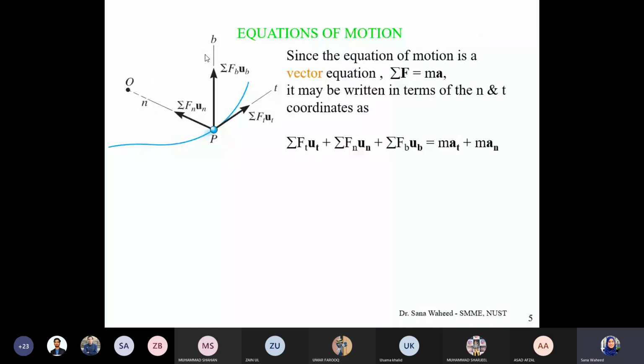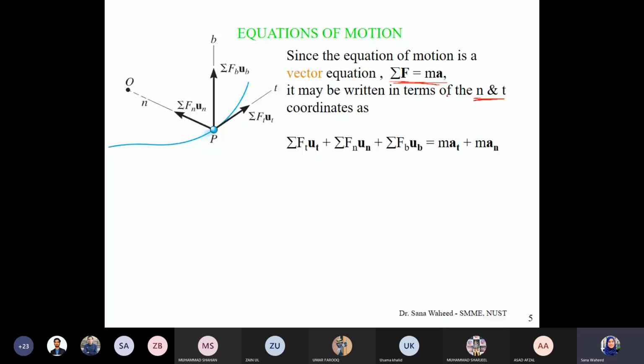Okay, so slowly we're building that up. Now if I write down my equation of motion, I think you all now know this is the equation of motion, and because I'm using the NT coordinates, I can break down my resultant force and my acceleration into the respective coordinates for this NT coordinate system.